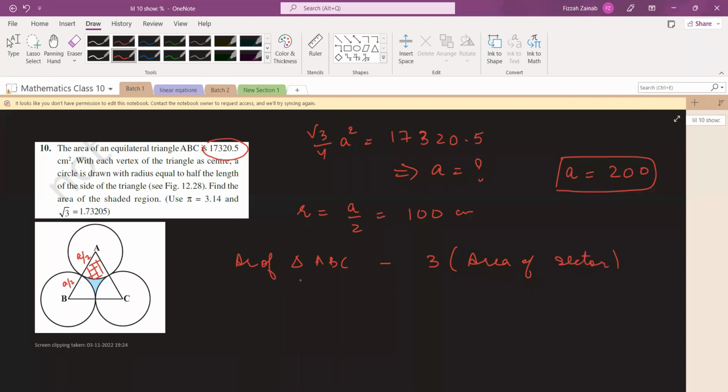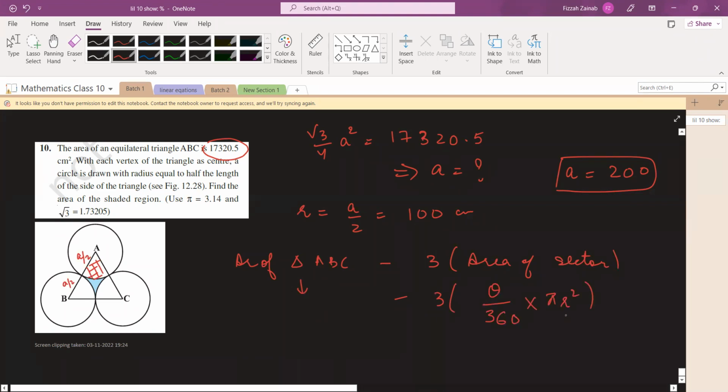So area of triangle already given, minus 3 into area of sector. What's the formula? Theta by 360 into pi r square, right? R is also, now you know. What is theta? Because it's an equilateral triangle, how much is this angle? 60 degree, 60. Come on. Theta is 60 degree. Now you put everything and you solve it, okay? So only hint I'm giving you.